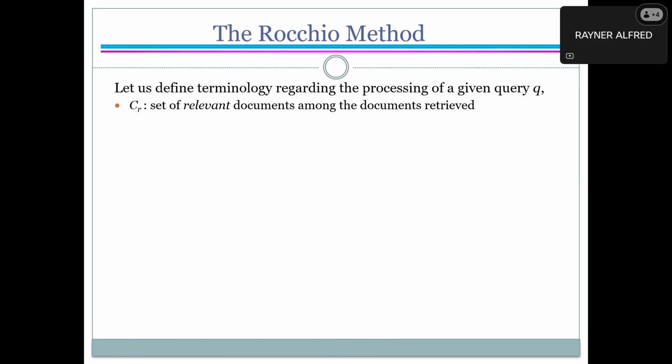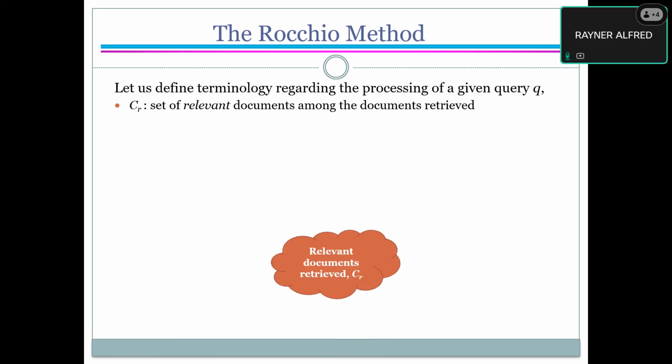Okay. So we want to know the set of relevant documents. So assume this is our relevant document. And of course, we also have the number of documents that we have in the relevant document. So this is the size of the relevant document.